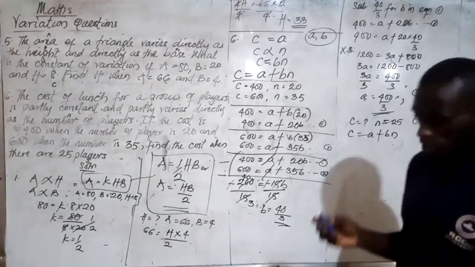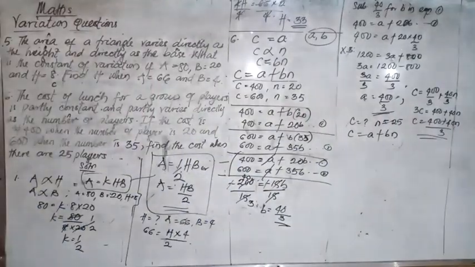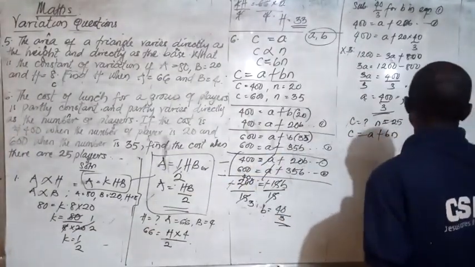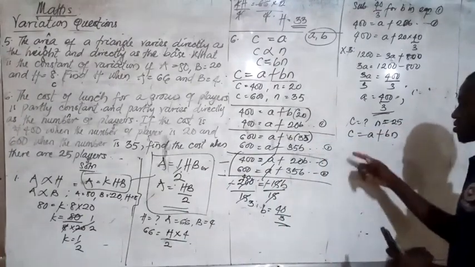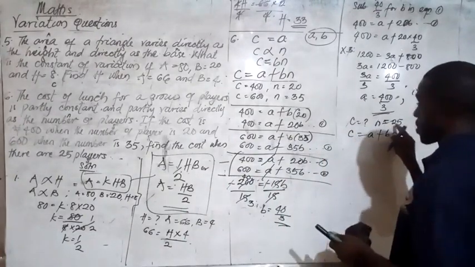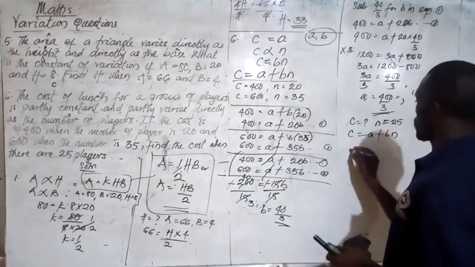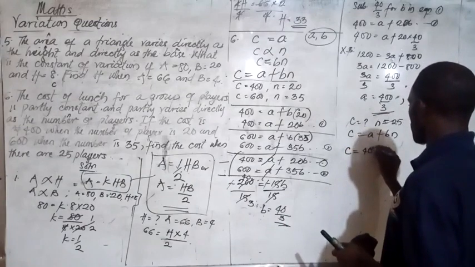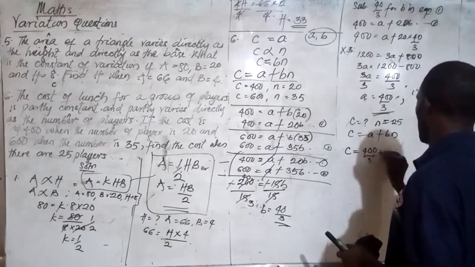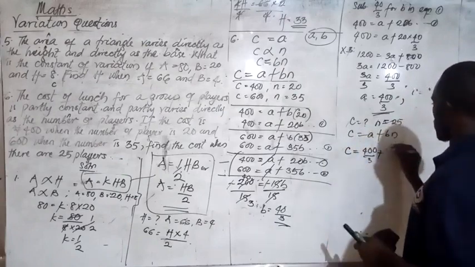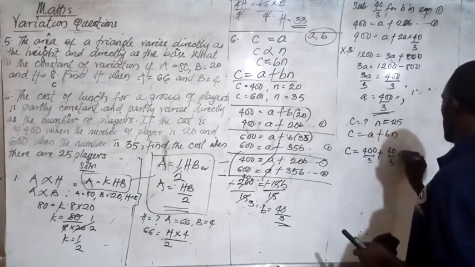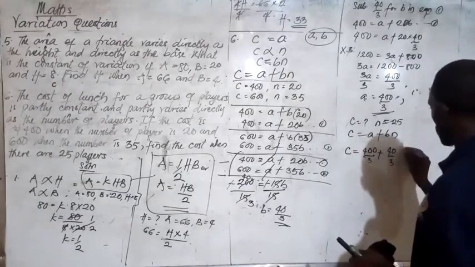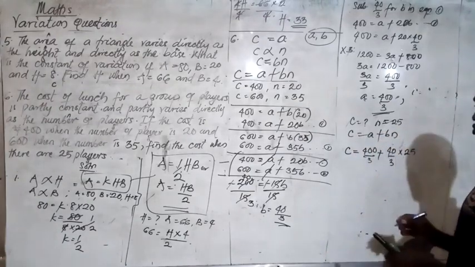But since we are not asked to find the equation connecting them, all of this will be useless. So we are going to plug in our values now, since we are given the value of n. So we have C equal to A is 400 over 3 plus B is 40 over 3n. Now n is given to be 25, so we have times 25.